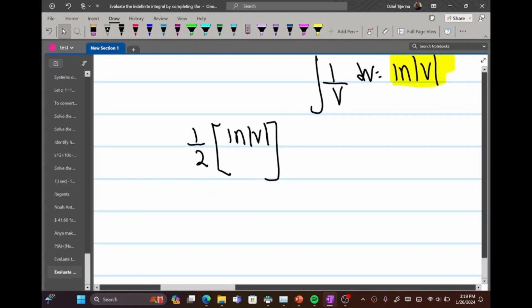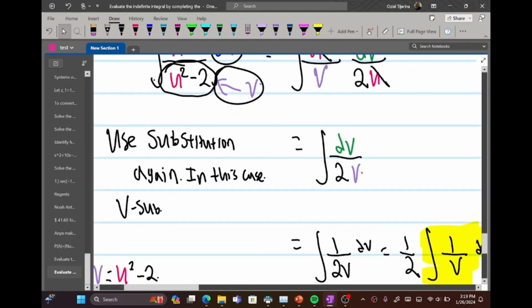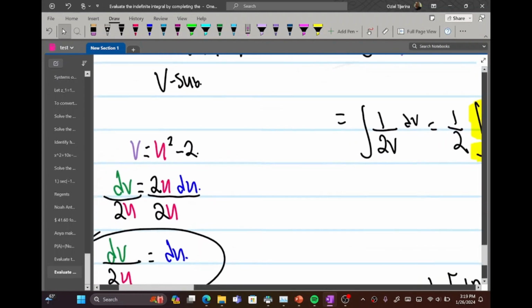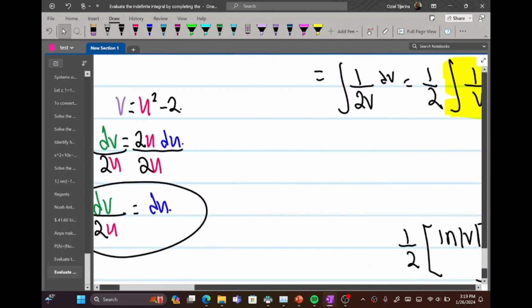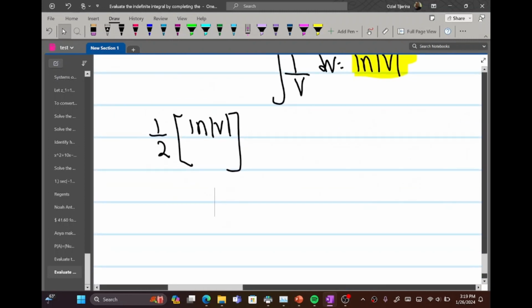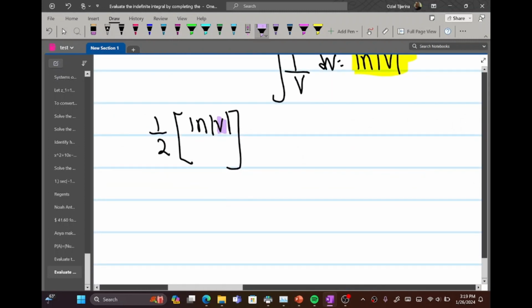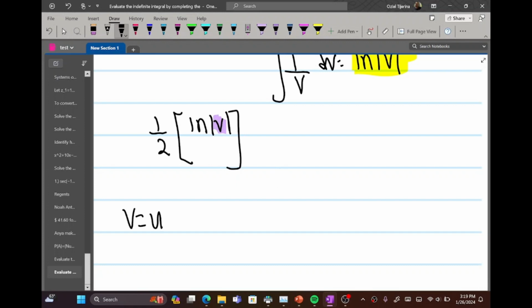And then finally, we're just going to go ahead and state it the following way. So I know now that I'm going to substitute back v in terms of u. So I know v, let me actually highlight it this time. V in terms of u was v is equal to u squared minus 2.